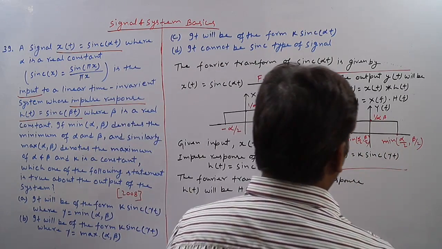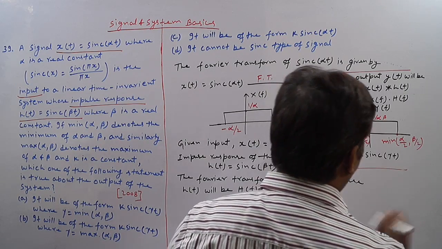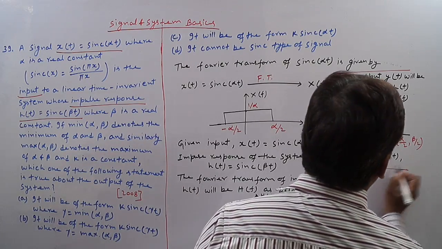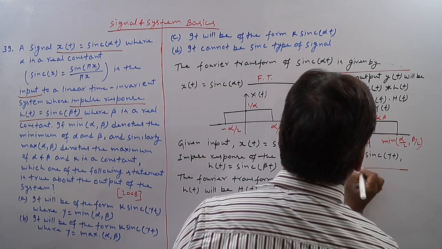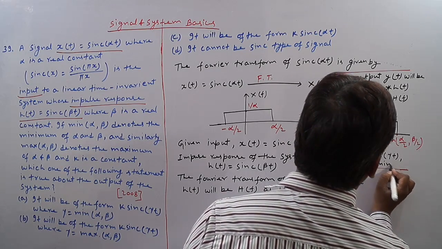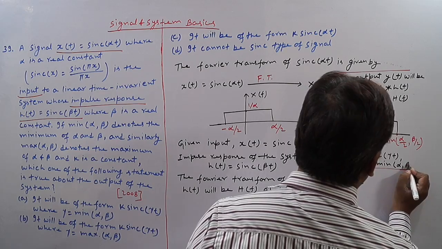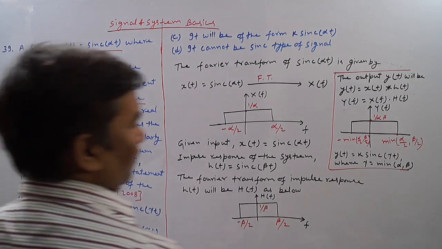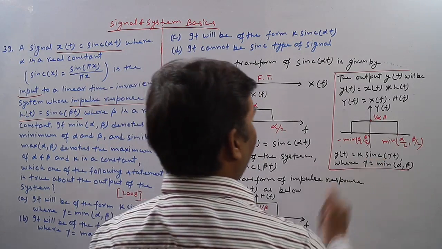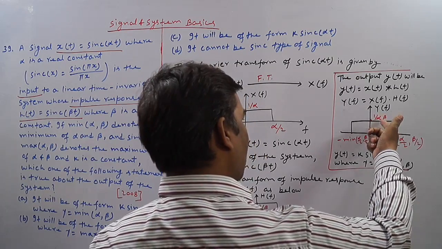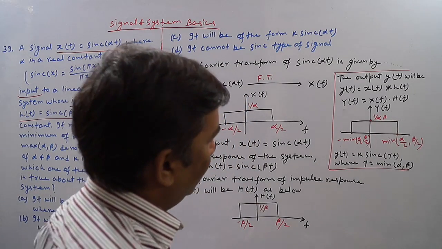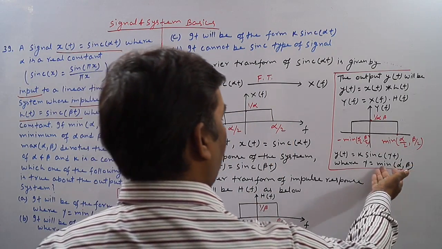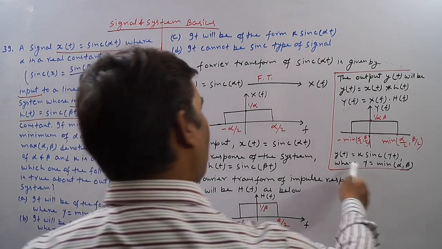And we can calculate the value of k; since its magnitude is 1 by alpha beta, the value of k will depend upon whichever is the minimum value of alpha and beta. So it will be of this form.